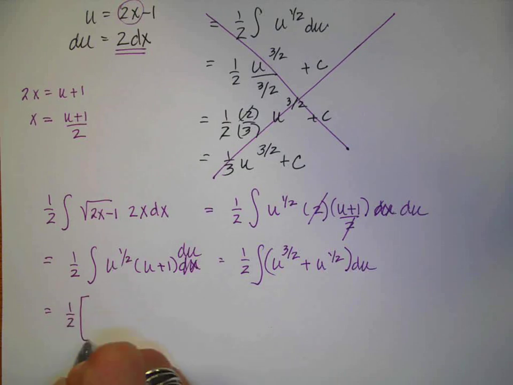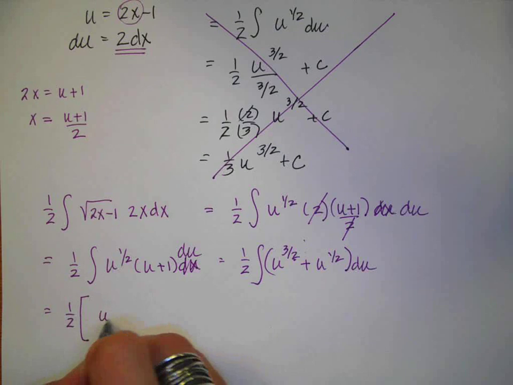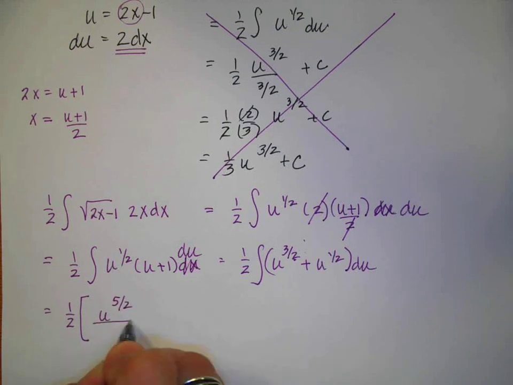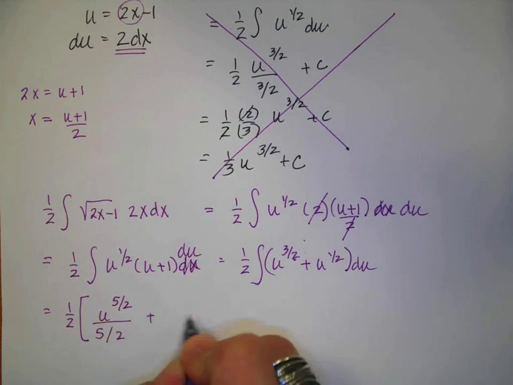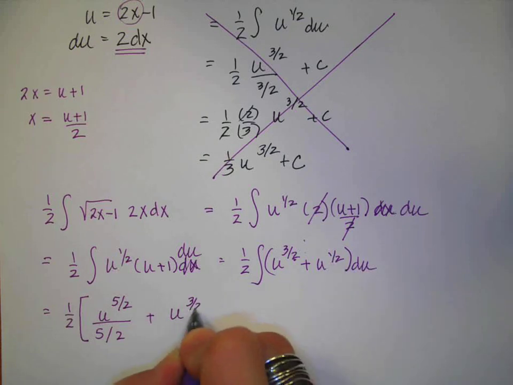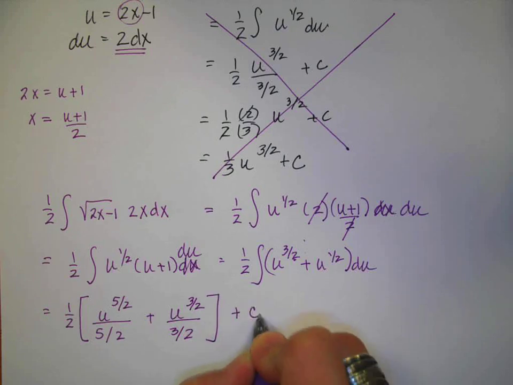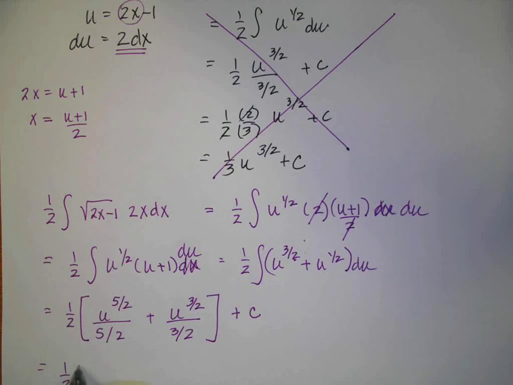So then I'm just going to manage all my math. So here's the half. u to the 3/2 plus 2/2 is going to be u to the 5/2 divided by 5/2, plus u to the 1/2 plus 2/2 is 3/2 divided by 3/2, and then plus C. Okay, so I'm going to clean up all that math.